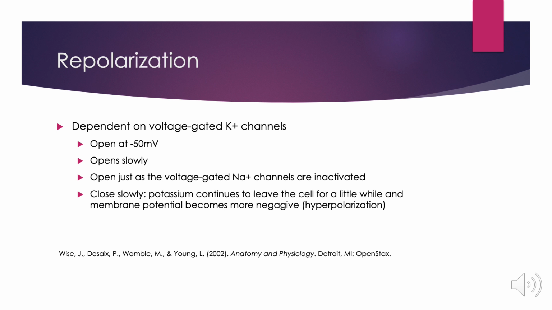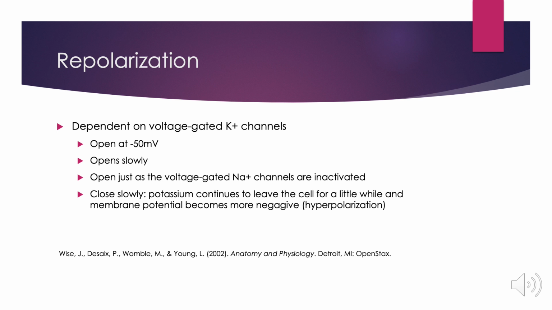And they open just as the voltage-gated sodium channels are inactivated. So we talked about the activation gate and the inactivation gate. Right as the inactivation gate closes, the potassium gate opens, and it also closes slowly.